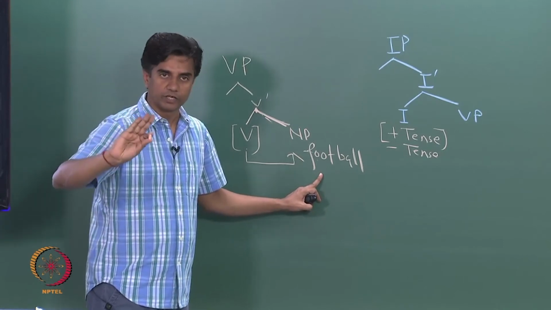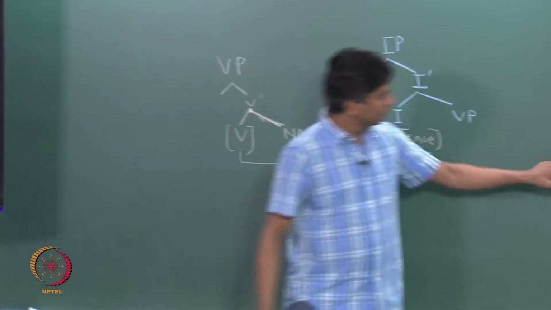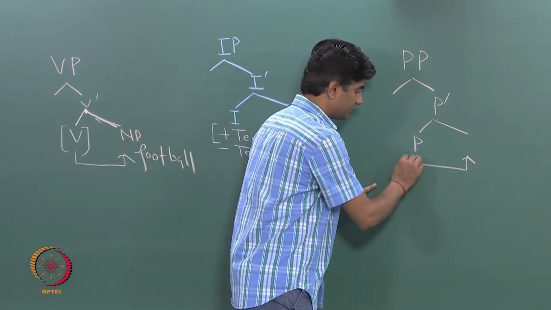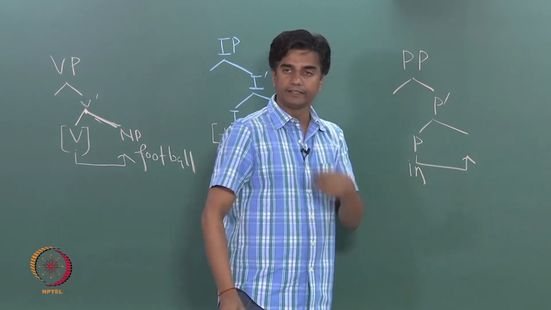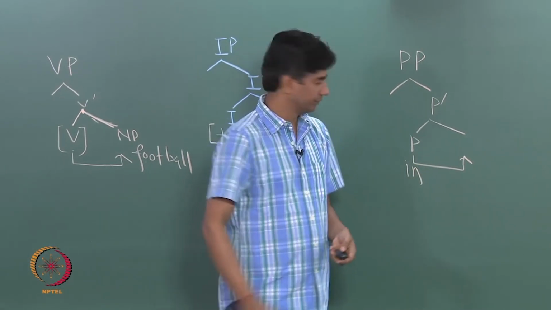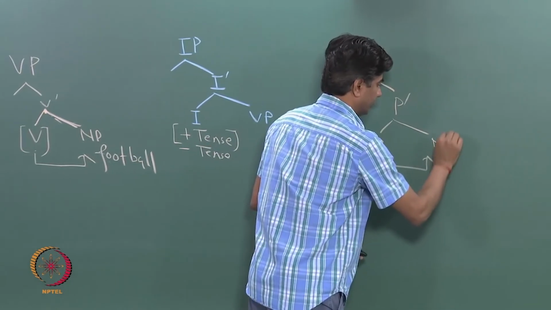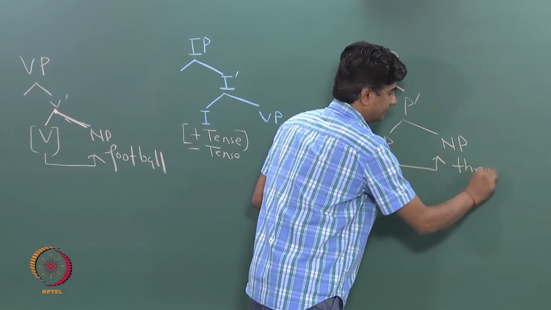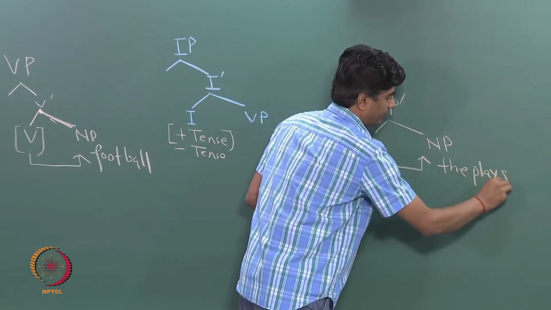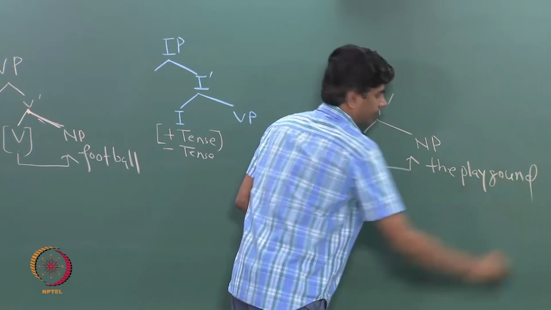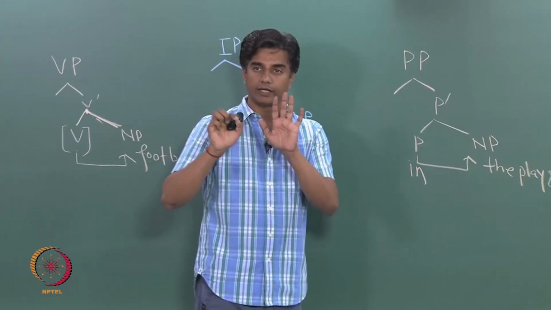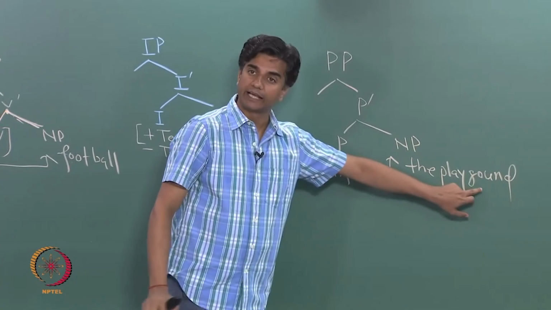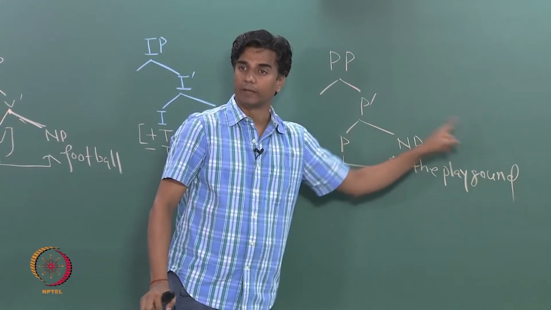But hold on, let me conclude this. Does this apply here too? In the postposition in, and what was the other NP? The playground. The complement of this P is the NP, the playground. And I'm assuming here that you understand that we are not talking about just playground, we are talking about the entire NP.